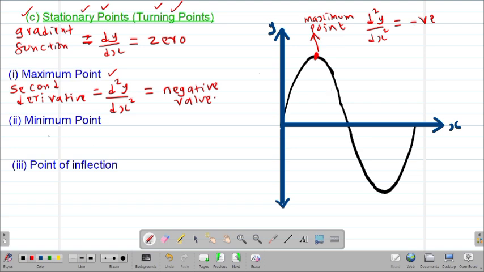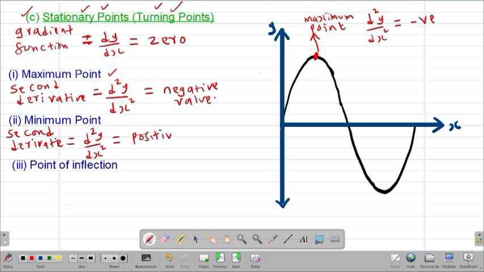Then we also have what we call the minimum point. At the minimum point, the second derivative, which is always denoted by d squared y over dx squared, will always give you a positive value.